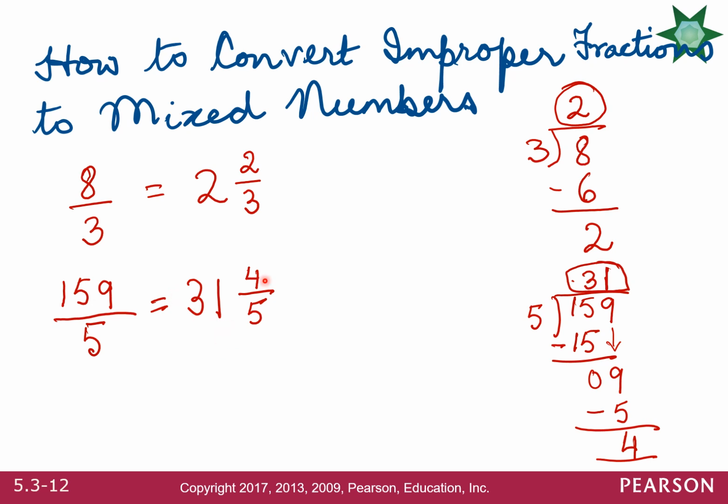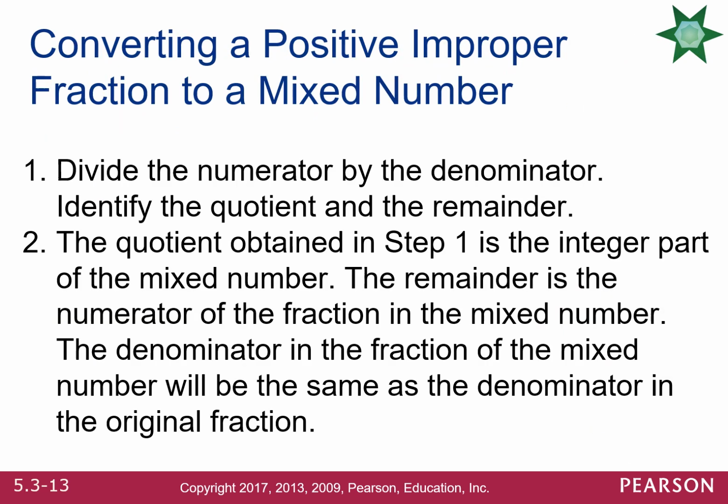So in the next slide, we're going to read through the process, and then we'll look at some examples that were provided by the book. Let's now go through the process of converting a positive improper fraction to a mixed number and see if it's similar or the same as what we used. First step, it says divide the numerator by the denominator, identify the quotient and the remainder.